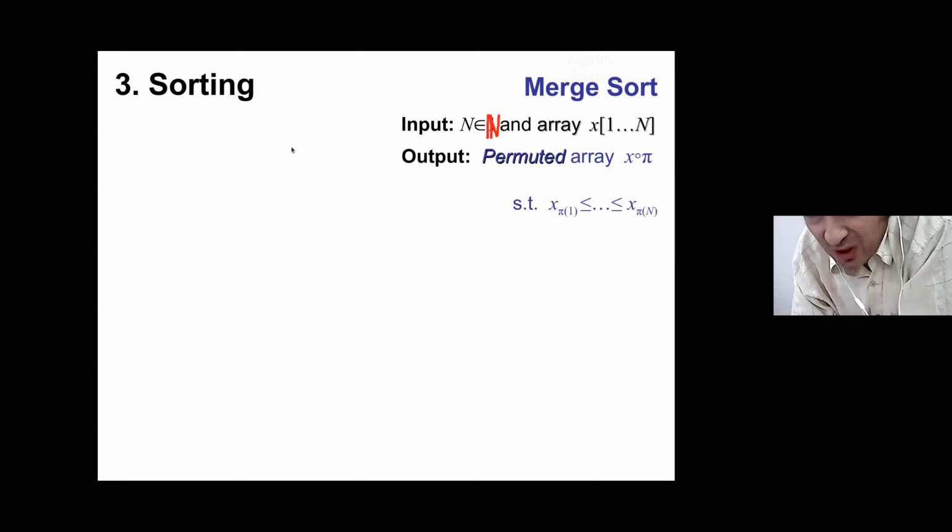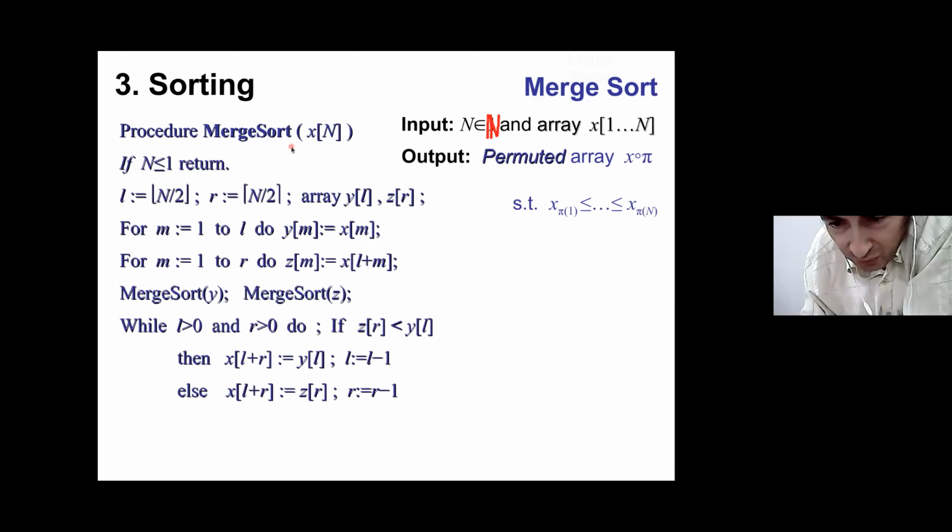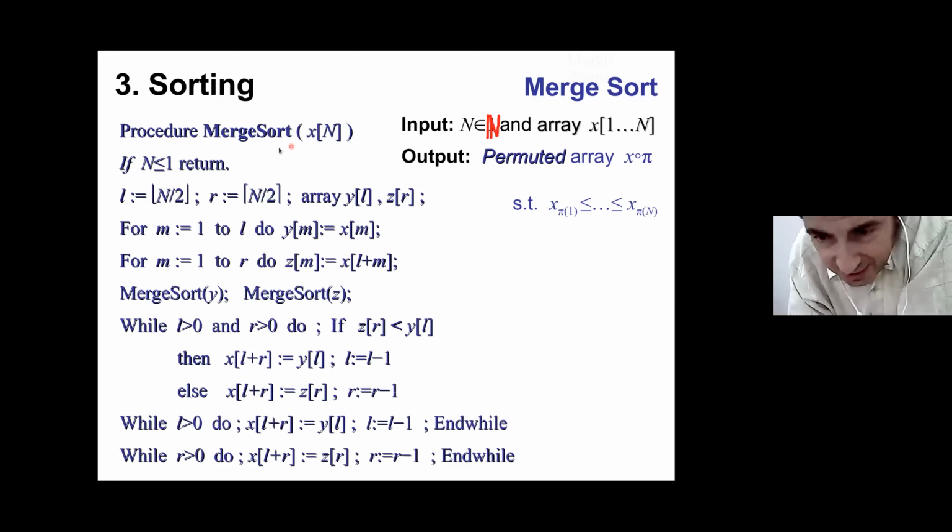The idea of the merge sort was that I want to use the merge sort recursively, and I do this by splitting the array into two halves. Then I call it on the two halves, and then I need some recombination procedure.